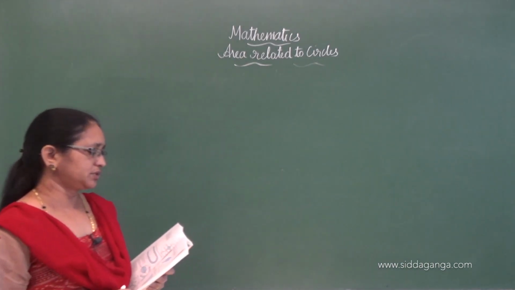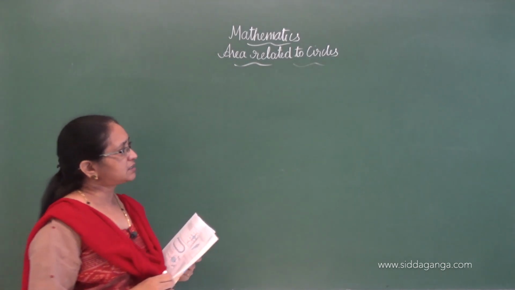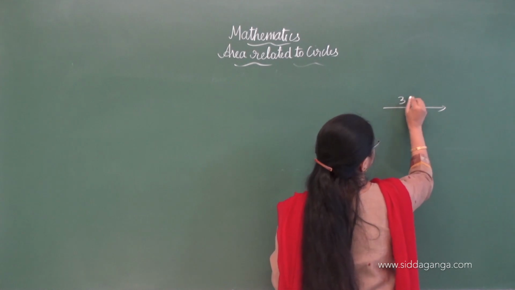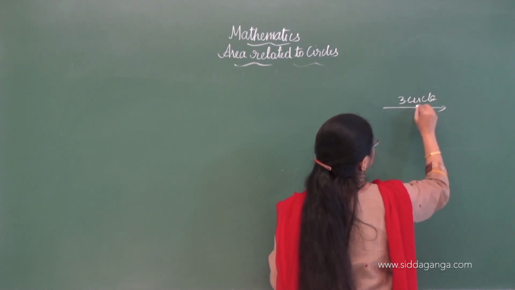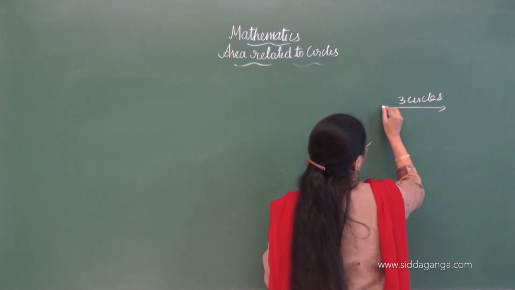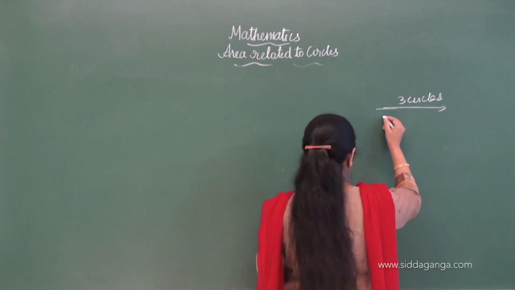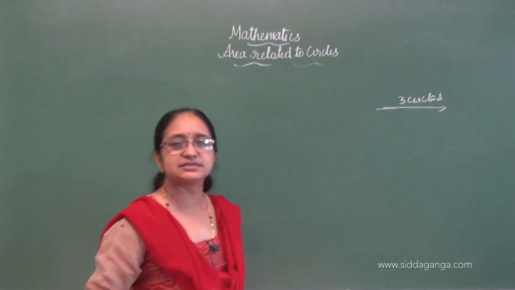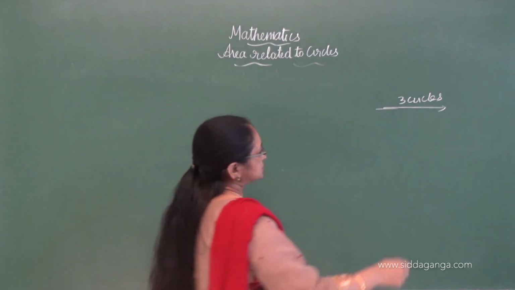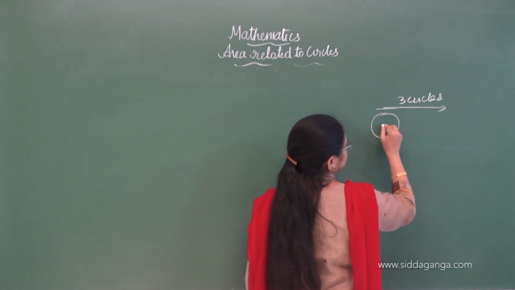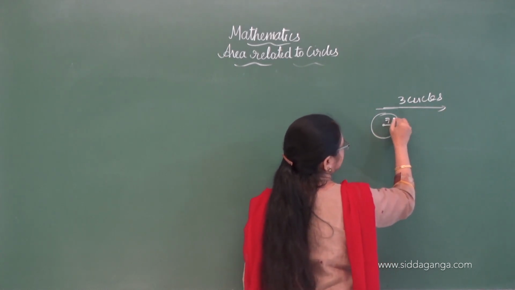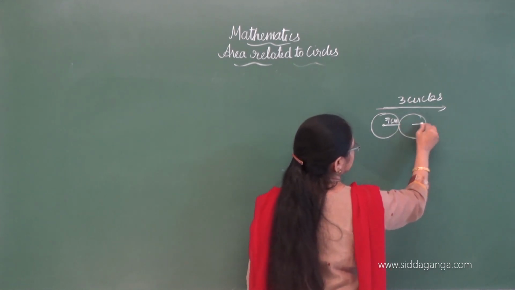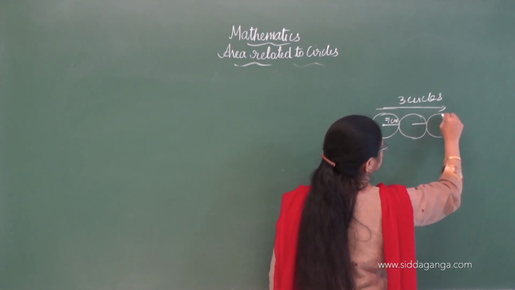So how many circles are there here? There are 3 circles. And what is the side of the square? They have given 9 circular designs, each of some radius. So the radius of one circle is 7 centimeter, another one 7.